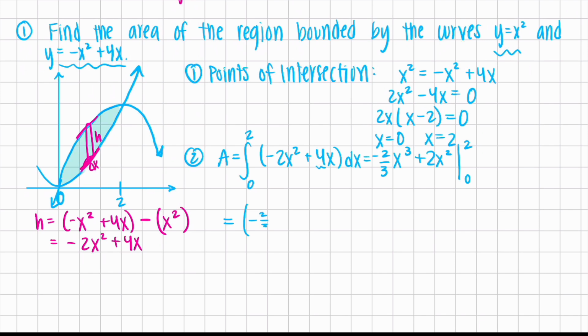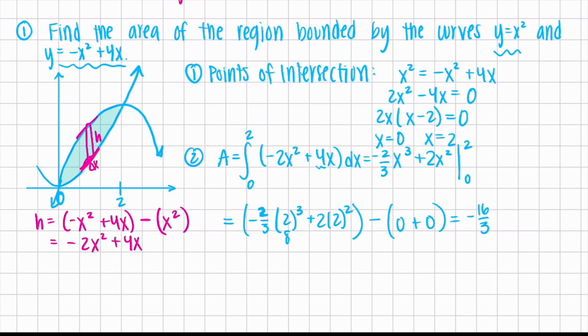So let's start with negative 2/3 times 2 cubed plus 2 times 2 squared minus, and when I plug in 0, notice I just get zeros. Simplify from here. 2 cubed is 8. 8 times 2 is 16, so I get negative 16 over 3.